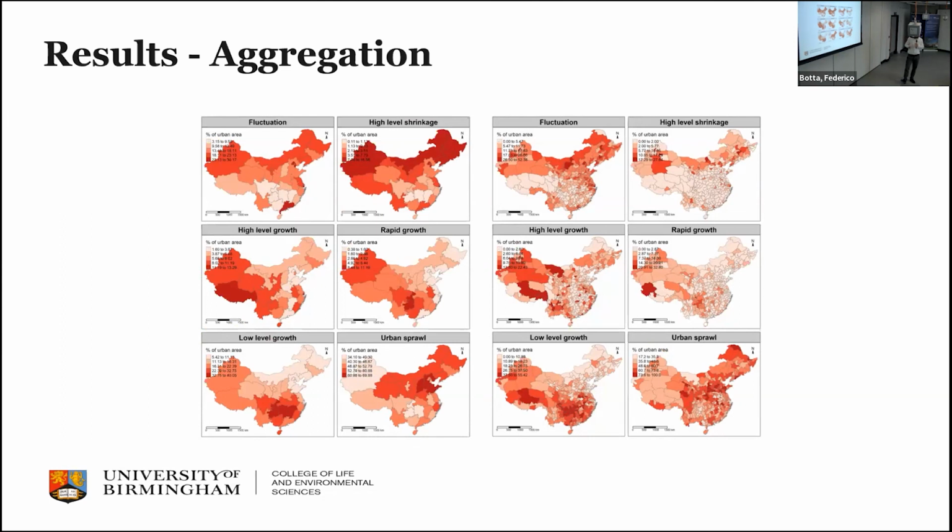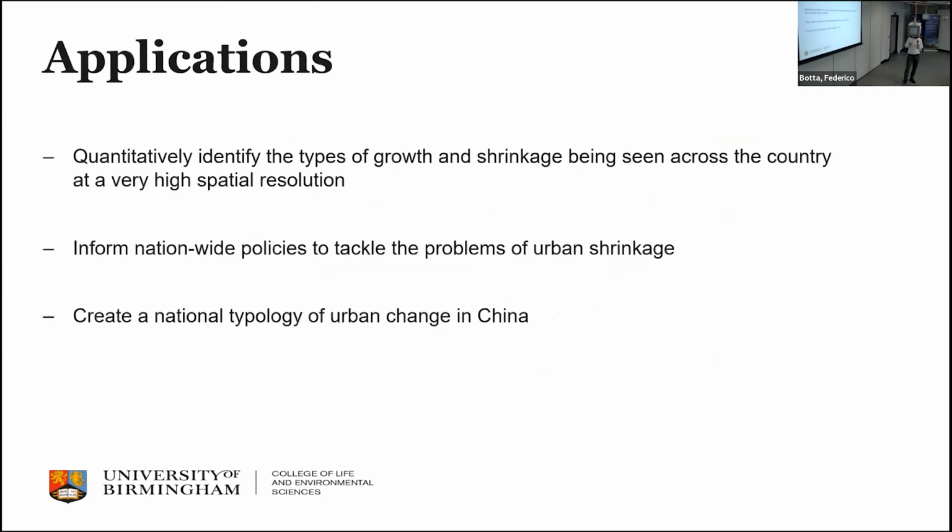The application of this is that you can use it to create a typology of what you're seeing in one city compared to another. Urban shrinkage is so multifaceted, and the government is trying to create policies to address it on a national scale. This is one way of identifying common trends and patterns across the whole of China based on a very local pixel level.